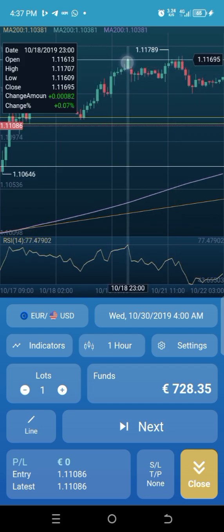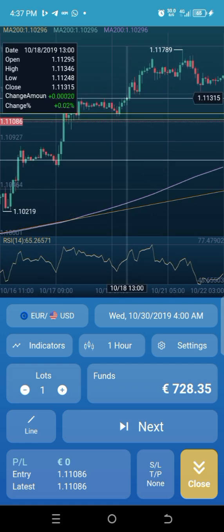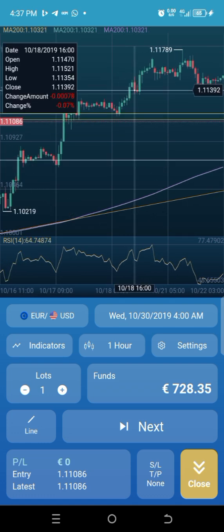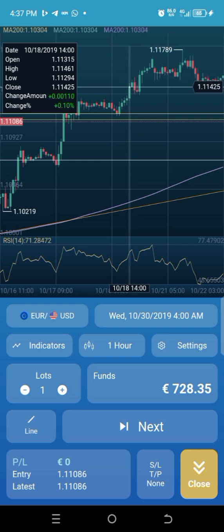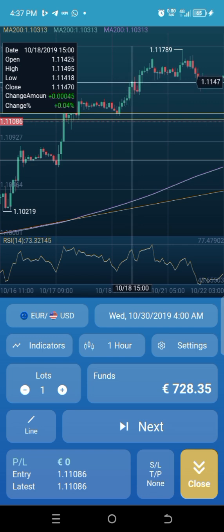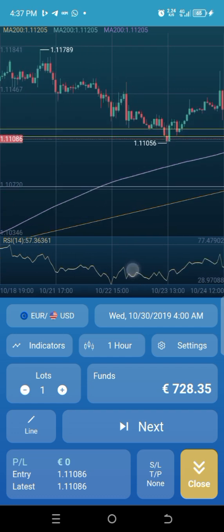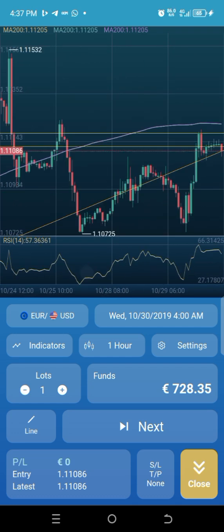It's the highest point. Yes, it's the highest point. 77 overbought. 73, no divergence between here and here. Sell bias.